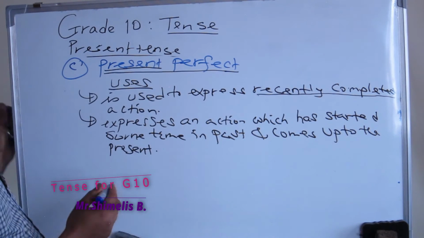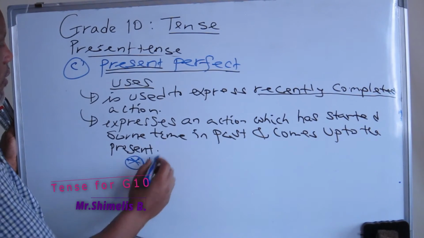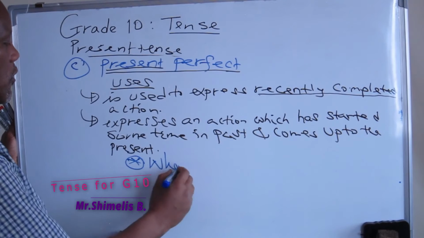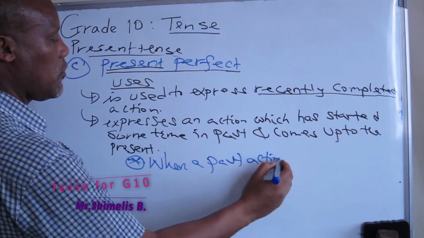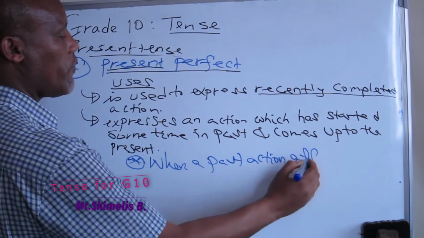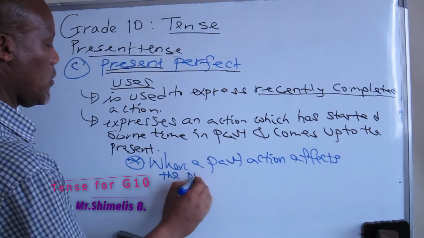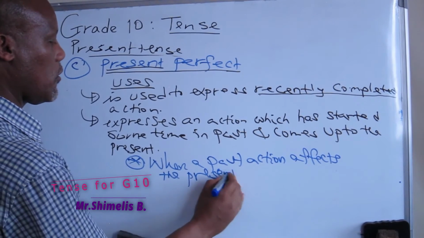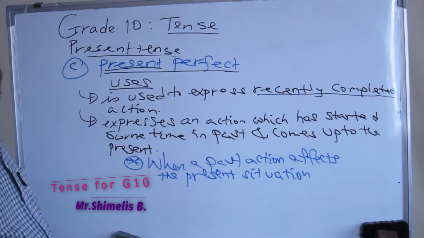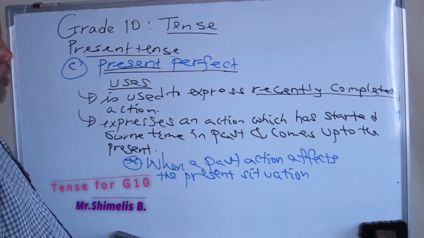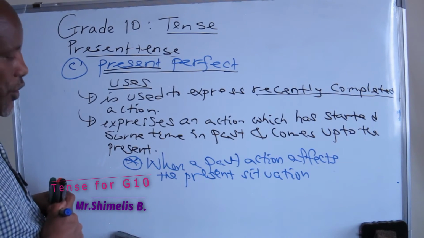Okay, when a past action in general affects the present situation, we use present perfect tense, okay, for past actions but affecting the current situation.